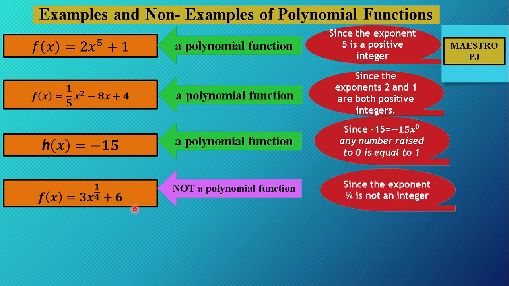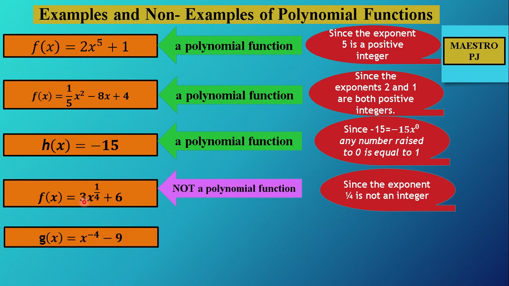Since the exponent 1/4 is not an integer. Yun, yung exponent natin na 1/4 is not an integer. So dapat, ang exponent lang natin sa polynomial function is a positive integer. Otherwise, it will not be a polynomial function.